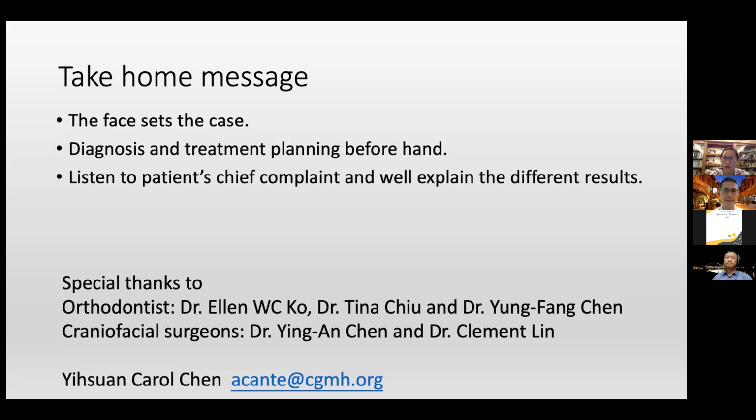Yes, I think condyle condition is a very determining factor for anterior open bite cases, and we should screen for the condyle condition beforehand. For the last cases, sorry, I should show the cases.